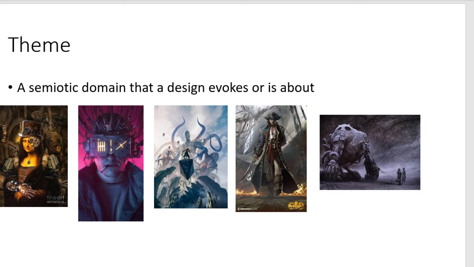In game design and in set design, you have to rely on very specific imagery to evoke these ideas, to make it clear what the world is about as quickly as possible, because there's only so much time that the player has to get into it. We have 5 images here that I've pulled at random, each of which evoke a different theme. Understanding and playing with theme becomes important if you're playing with intrinsic motivational design.